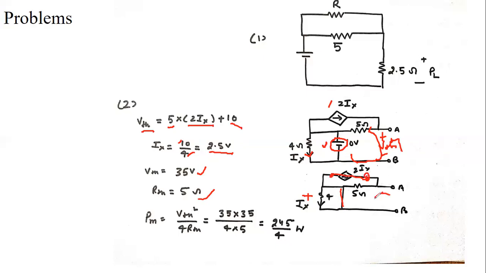So there is only the 5 ohm resistance. So the RTH value becomes 5 ohm. Okay, so this is the VTH and RTH, and for the maximum power transfer, load resistance should be equal to 5 ohm, and the value of maximum power is VTH square upon 4 RTH, or 4 RL, and so this is my total maximum power in the circuit.